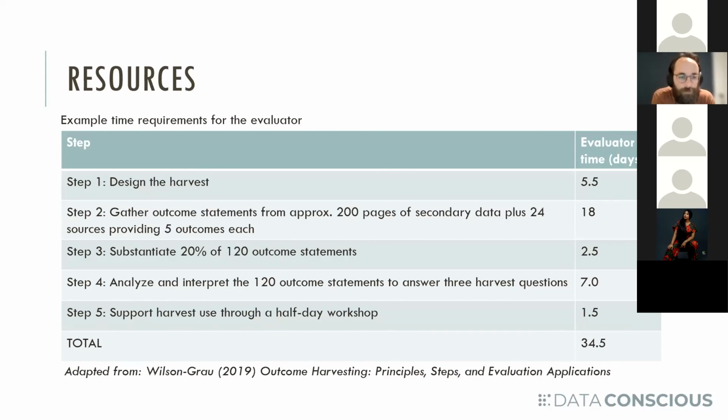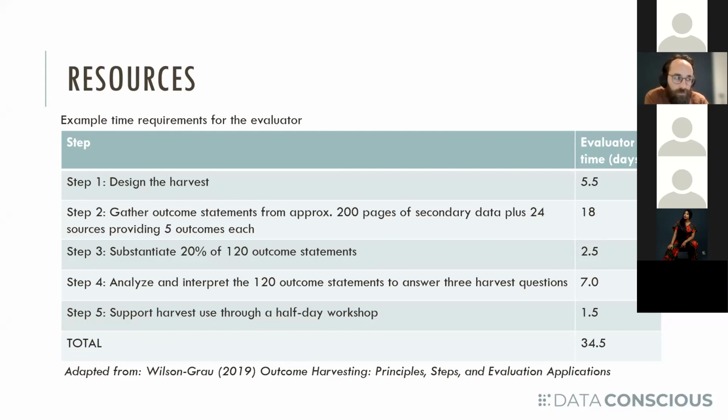But what I've got on the screen is taken from Ricardo Wilson-Grau's book. It's adapted, but it's an example that he shared in terms of budgeting time for an evaluator, so there's more details here about the time for the organization and the amount of work that you guys would have to do in commissioning and managing the evaluation.